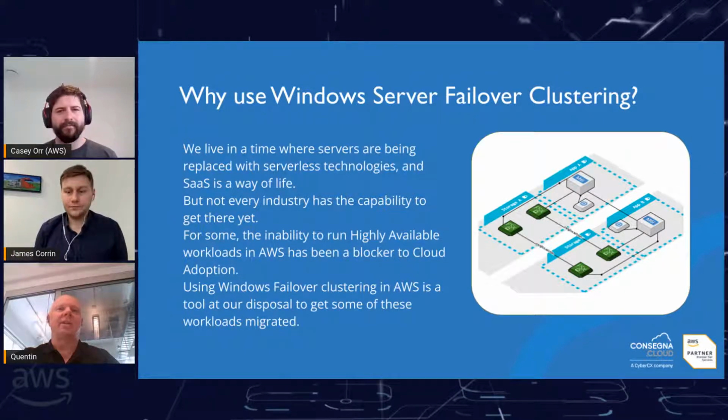So pretty much data center exit size migrations. As a result of this, we're seeing a lot of workloads that cannot be migrated with more modern technologies like Lambda and containerization. Some of these things still need to run in AWS as if they did in the on-prem data center.